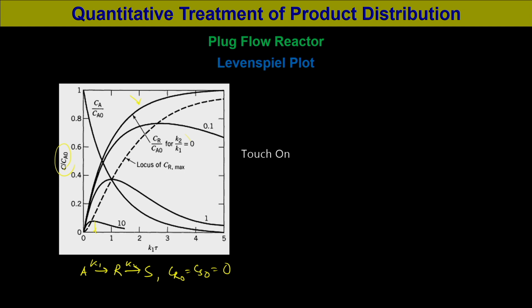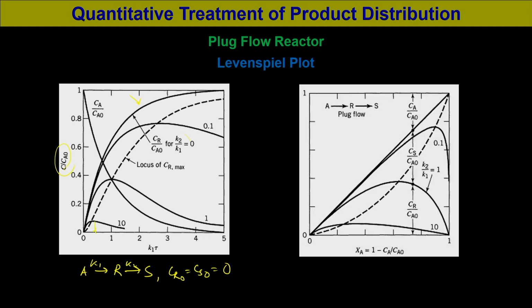Now, the time dependent plot is shown over here, and you can see the relative product distribution for a particular conversion.